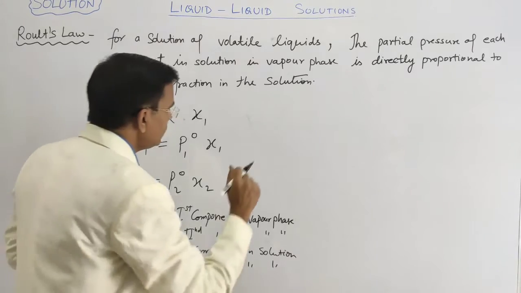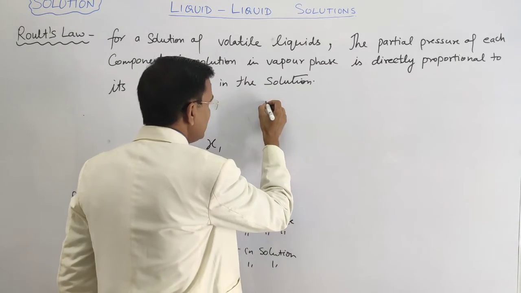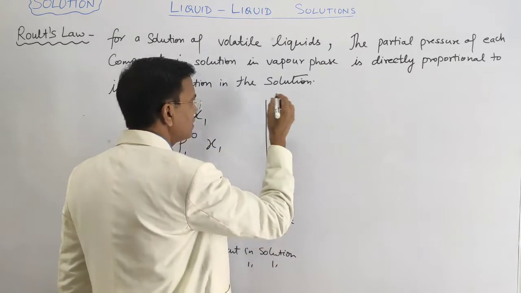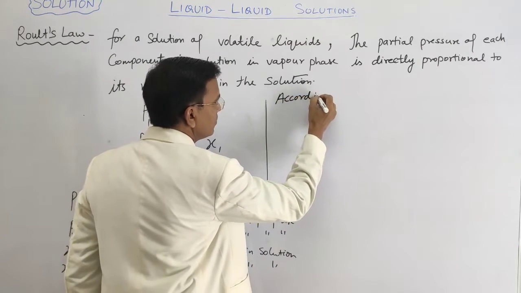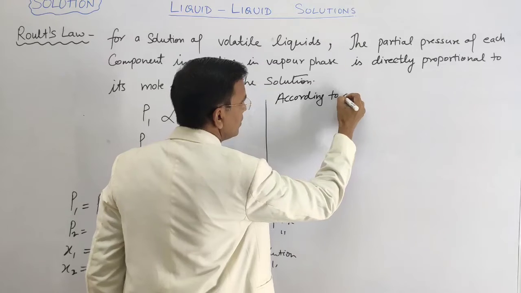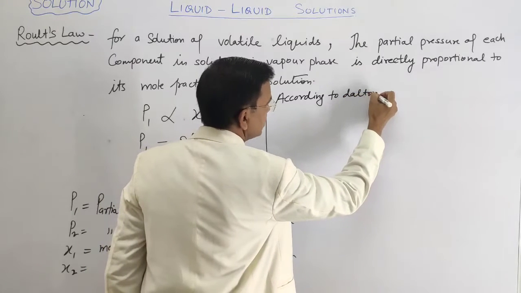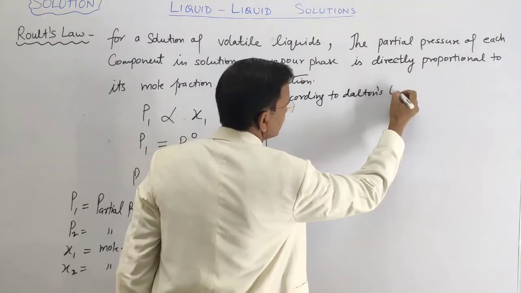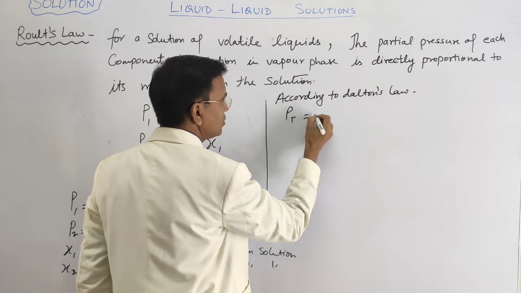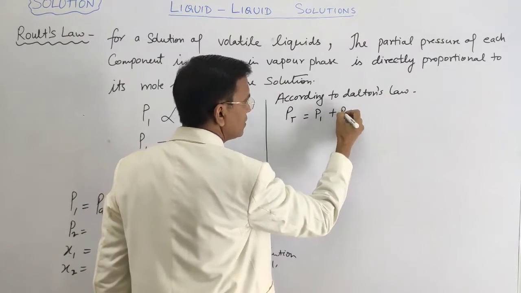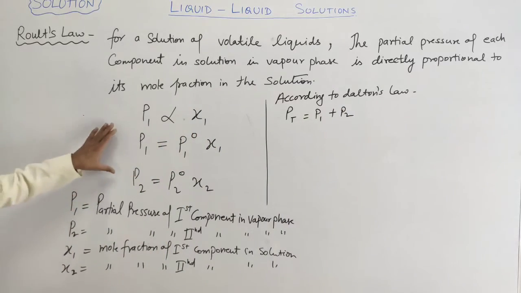Now if you are going to see Dalton's law of partial pressure, according to Dalton's law of partial pressure, P total is equal to P1 plus P2. Two components we have taken.